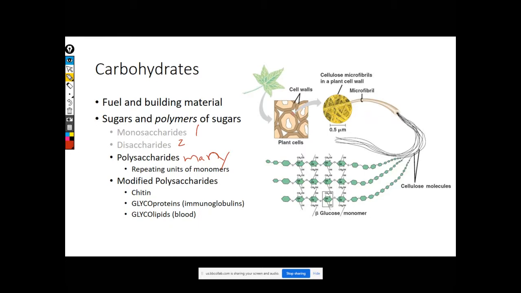So, for example, here, we can see that we still have glucose as our base. This was our most simple sugar, but we have thousands of repeating units of it. And by linking thousands of repeating units of it, we've created cellulose.